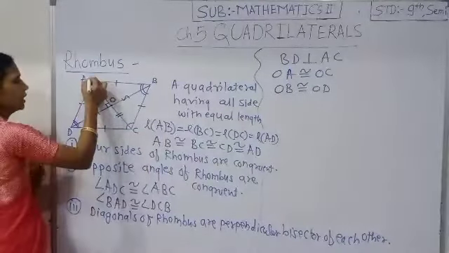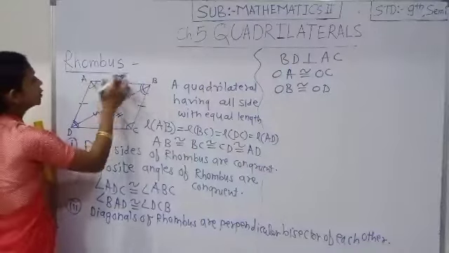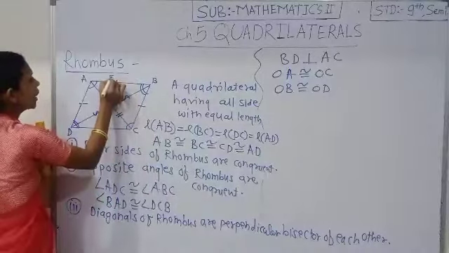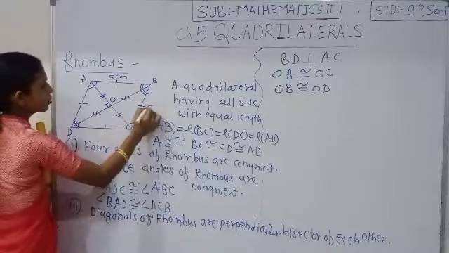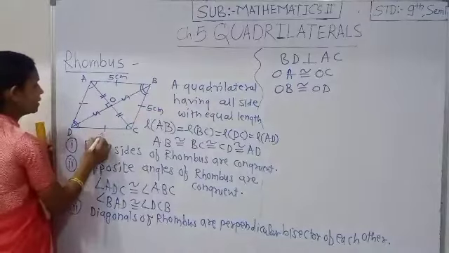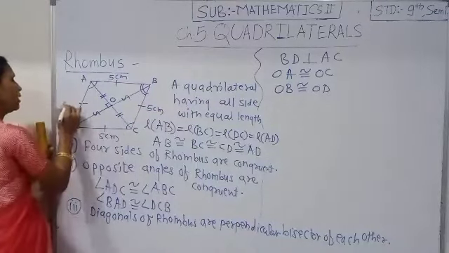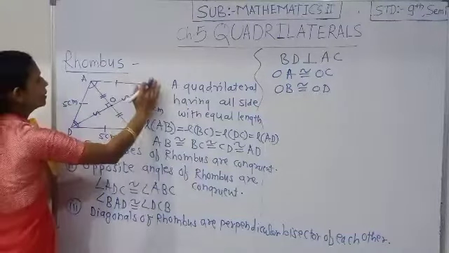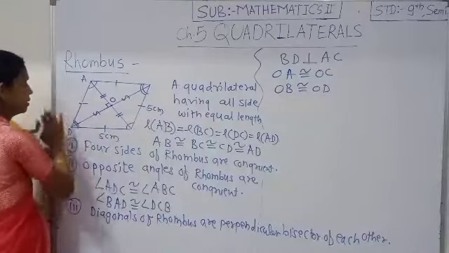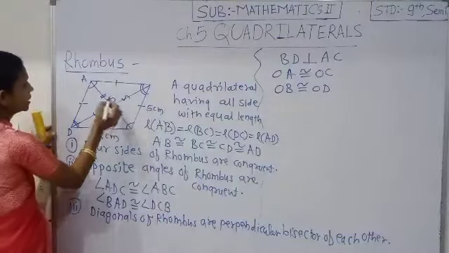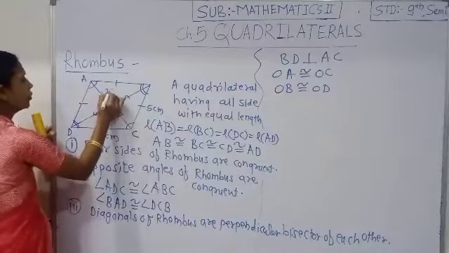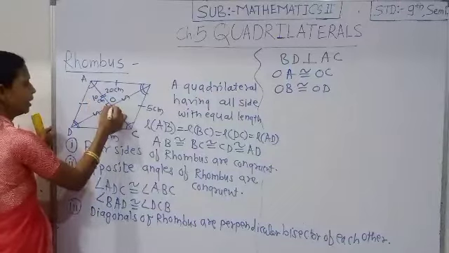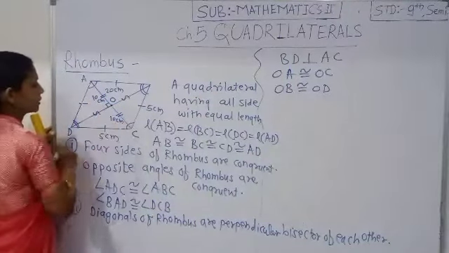If the length of side AB of the rhombus is 5 cm, then BC is 5 cm, CD is 5 cm and AD is 5 cm. If the diagonal AC is 20 cm, then OA is 10 cm and OC is 10 cm.